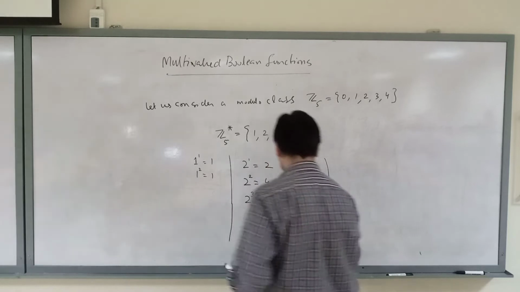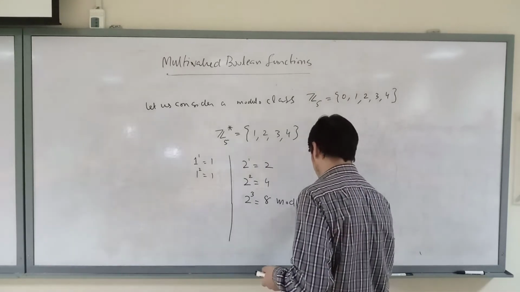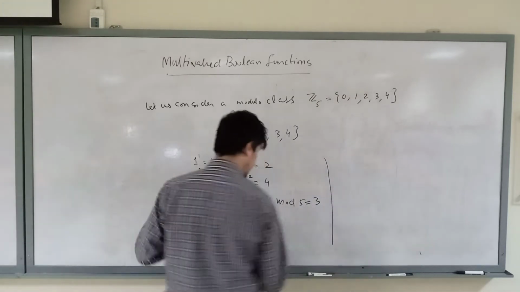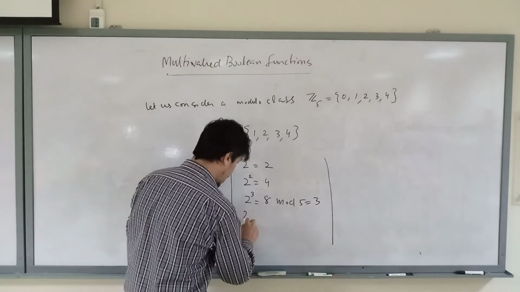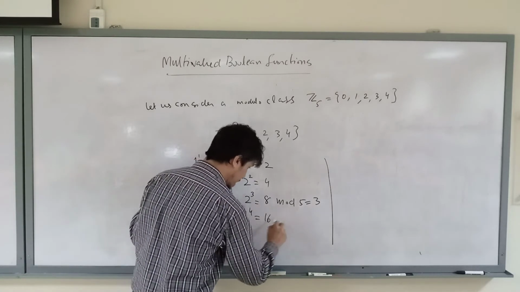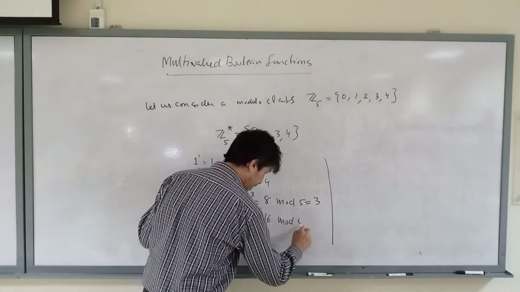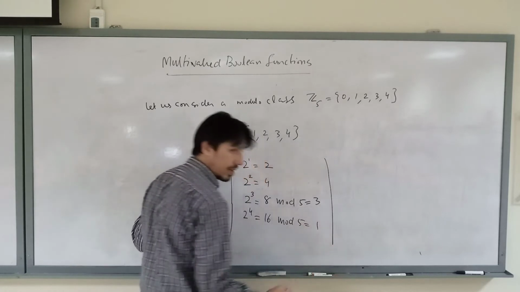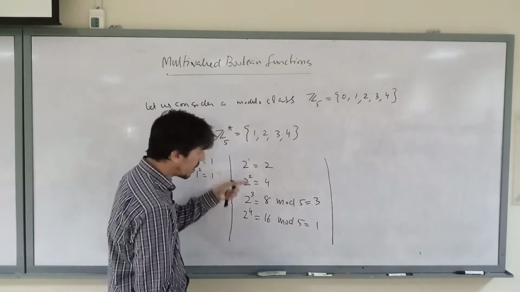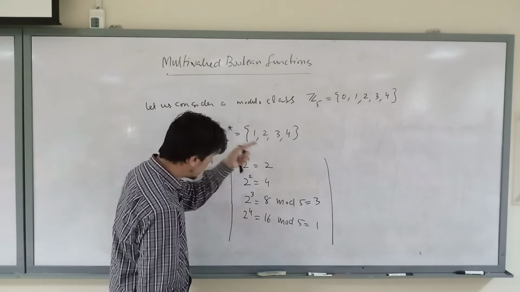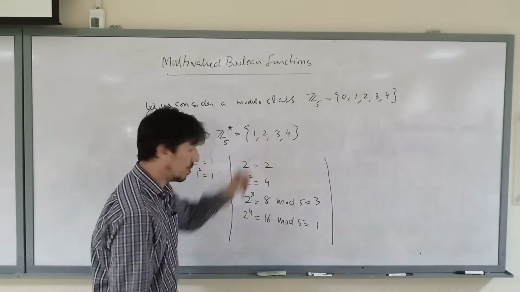So you will get 8, which under mod 5 will be 3. Okay? 2 to the power 4 is 16, which under mod 5 you will get 1. So if you see, all these elements are generated with 2.